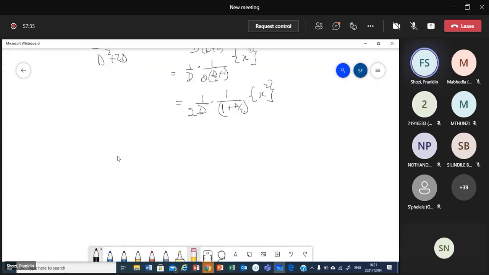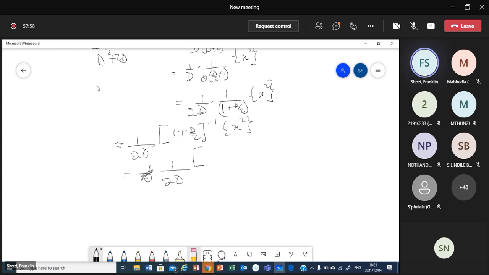Next, that becomes 1 over 2D. Now, this I know: 1 plus D over 2, index minus 1, acting on x squared. That gives me 1 over 2D. What is the expansion now?